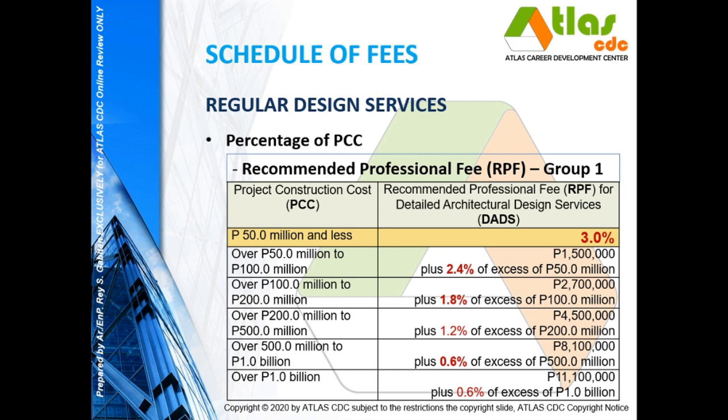Now, how do you apply this tabulation? So kung 3% yung 50 million mo, that means yung first 50 million is at 1.5 million. That is your fee. Then in excess of 50 million, it will be computed at 2.4, and so on. So mamaya I'll give you an example of how to compute for this one.